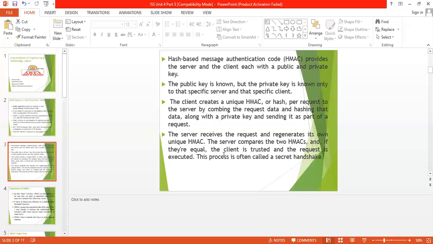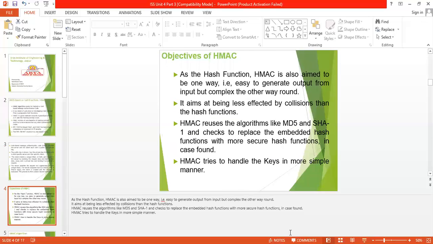So basically, HMAC is based on the message authentication code and the hash function. Both are combined, using the public key and the private key. Now the basic objectives of the HMAC. Number one, the HMAC is a one way function, that is, it is easy to generate output from input, but complex the other way around.